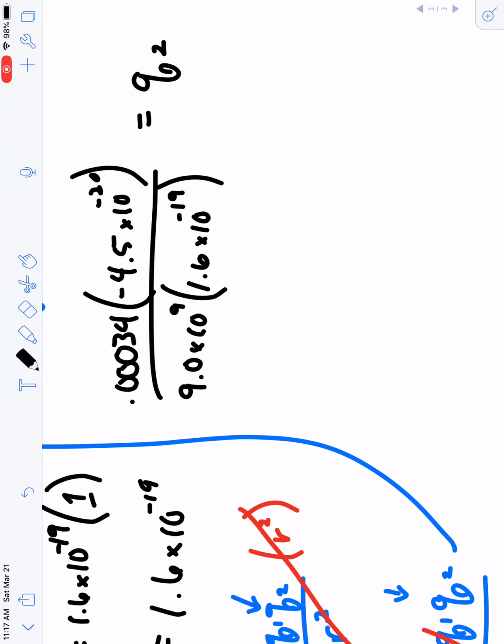Let me get out my calculator. So we have 0.00034 times 4.5 times 10 to the negative 20th, times 1.5.